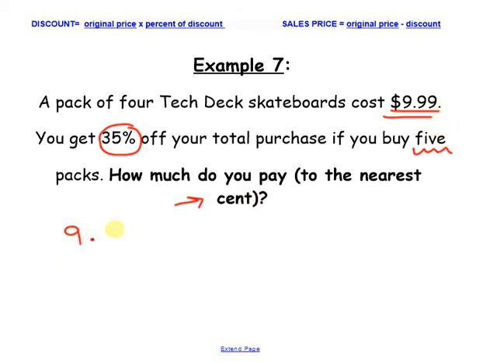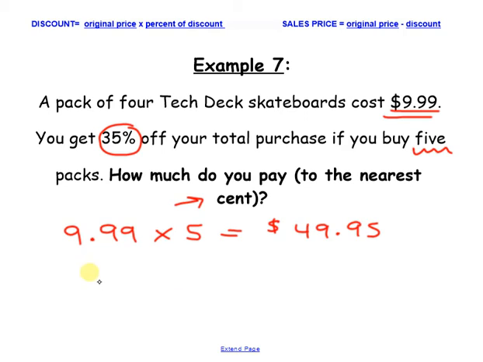So we have $9.99 times 5. This is just like the example with the Hornets tickets or the cell phone plan. So go ahead and calculate $9.99 times 5. You should get a price of $49.95. Okay, so that's going to be our total price.